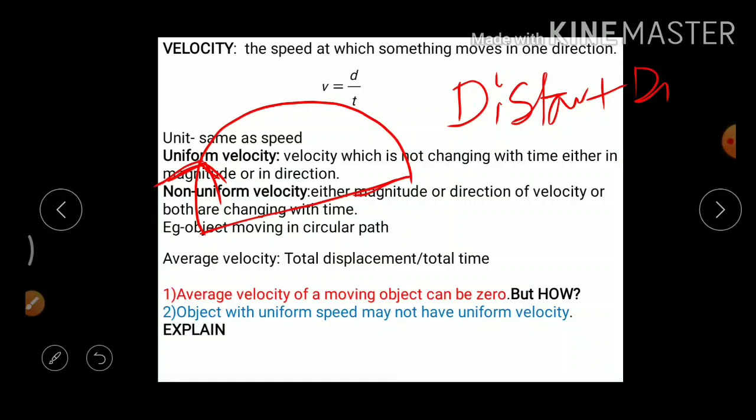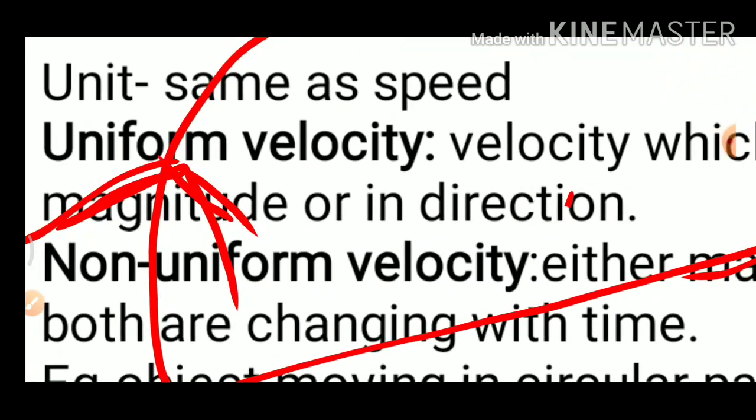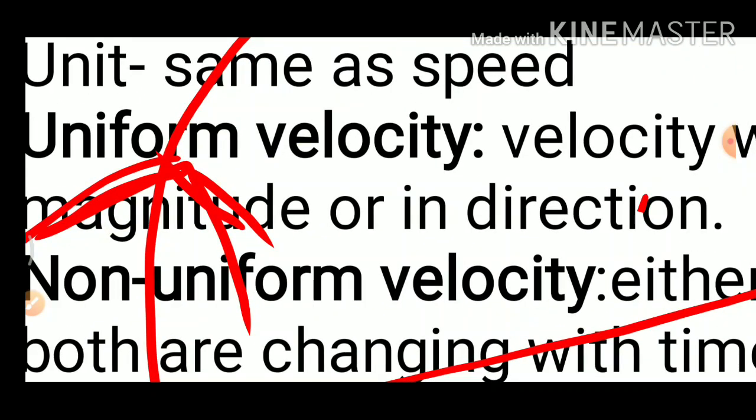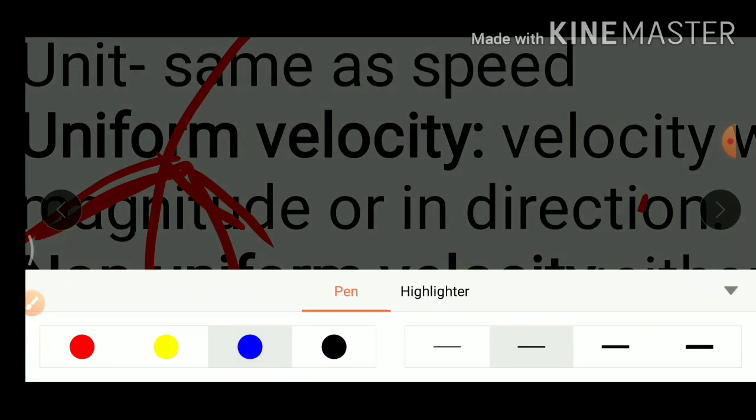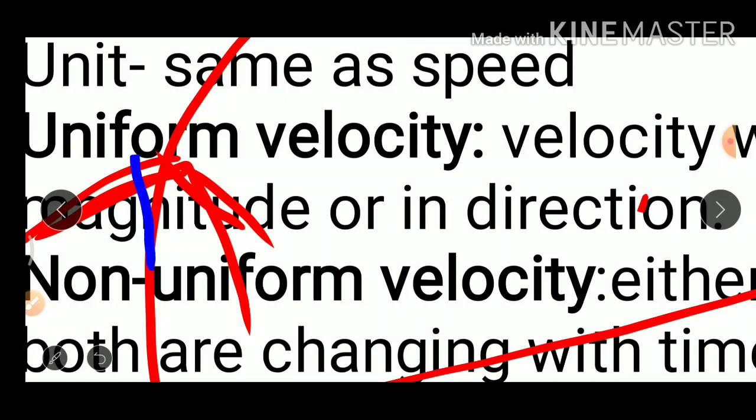How is the direction changing? Suppose we are zooming in. When this particle moves this way, its direction is this way.